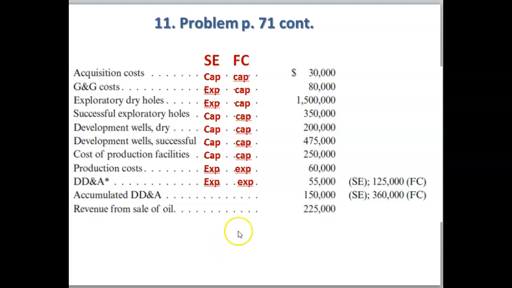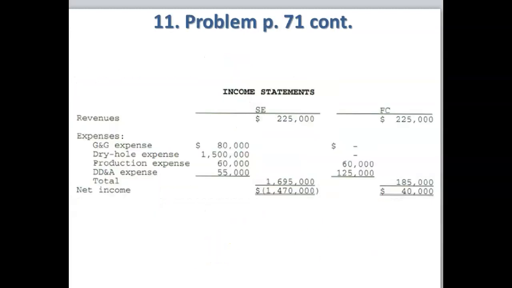So first we're going to work on the income statement. Of course our revenue is going to be the same in both methods. That's the amount that we're receiving from our customers. Then we're going to work on our expenses.